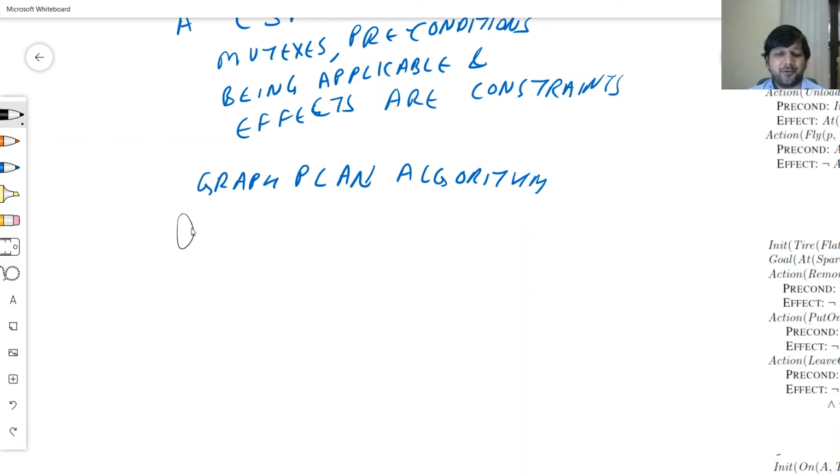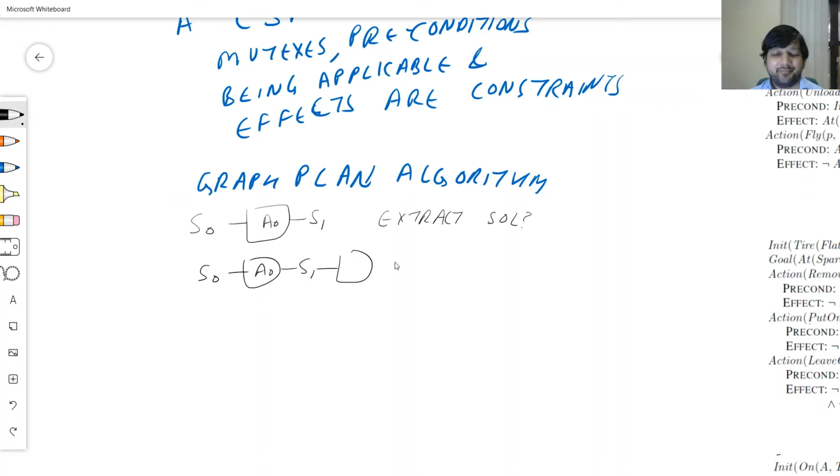So I first go, state 0, action 0, state 1. I try extract solution. Succeeds, great. Fails, I repeat the same thing. There's no memory constraint, you can just add it on top of it. I'm only doing it for illustration purposes. Extract solution.